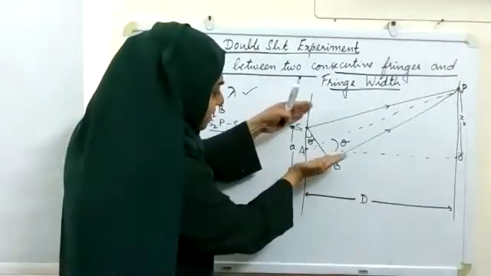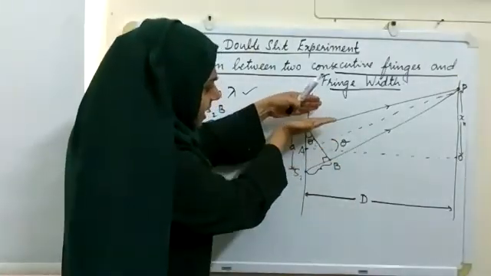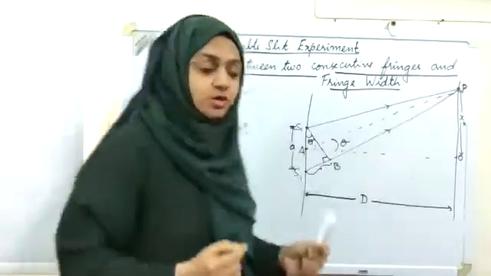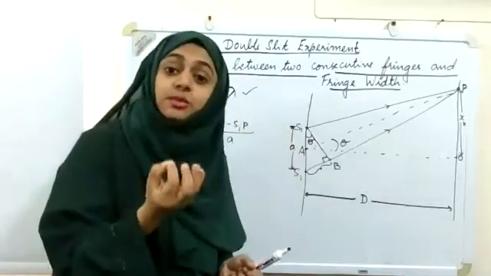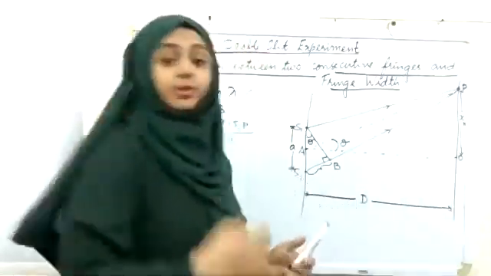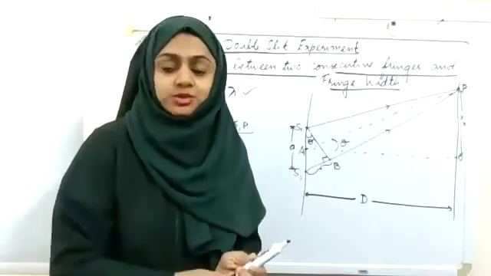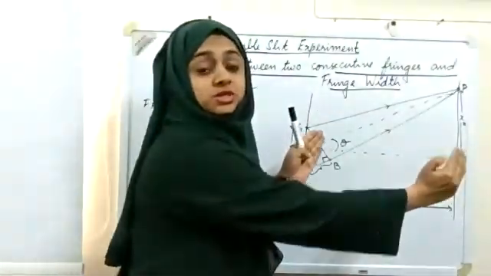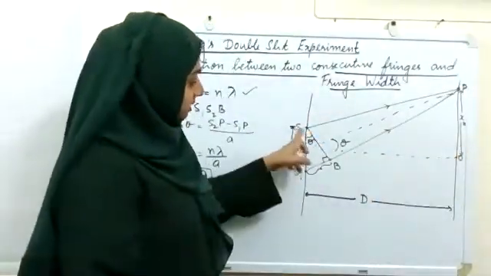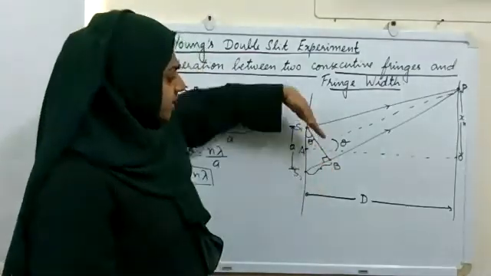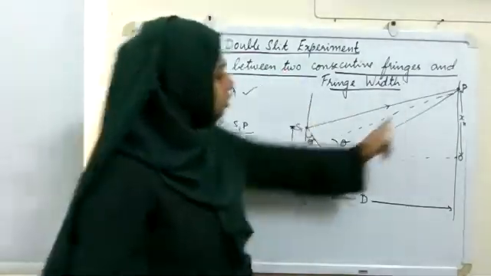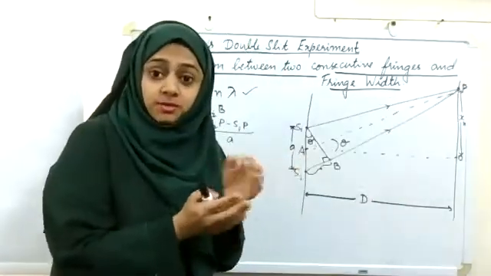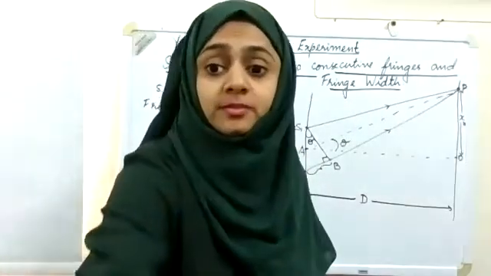The differences between S2P, AP and S1P are very small compared to this distance, because A is less than a millimeter while D will be around 1 meter, which means this A is 1000 times small compared to this distance. So I can assume that this S1B is a line which is perpendicular to both S2P and also to AP because they are almost the same. This distance is very small.